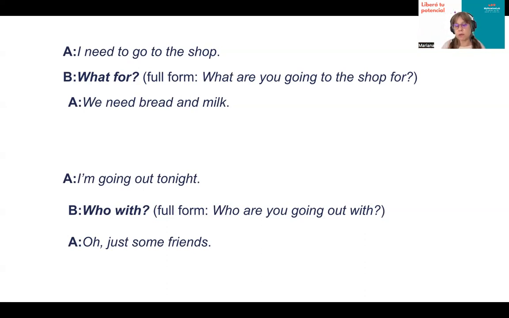So the other person just says, "We need bread and milk." Another option would be, "I'm going out tonight." "Who with?" Coming from, "Who are you going out with?" "Oh, just some friends." This is called reduced because it doesn't have all the words that originally were inside the question.